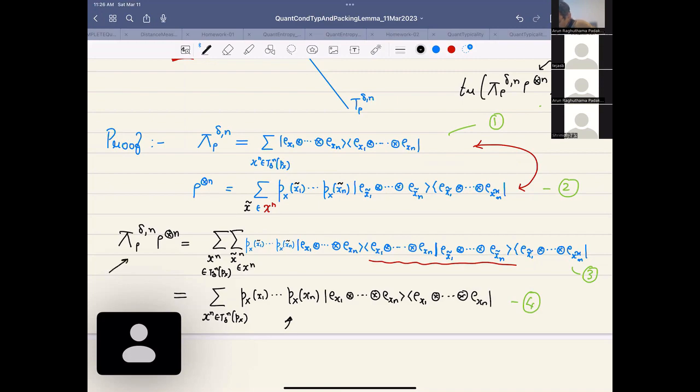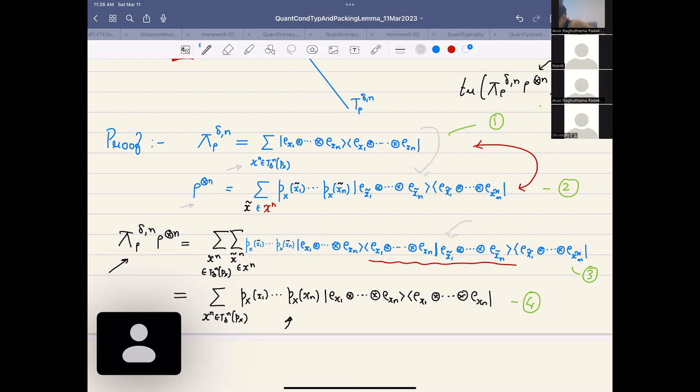That's what I have here. I just did copy pasting, and I'm going to write it in gray. This is your pi rho delta n, this is your rho tensor n. I just pull the two summations together and write the two terms. The only thing is this inner product, which comes here. I have pulled the scalars to the left. That's all I've done.